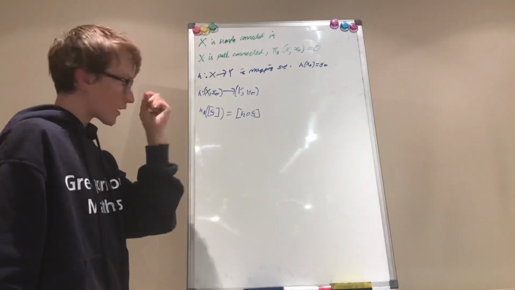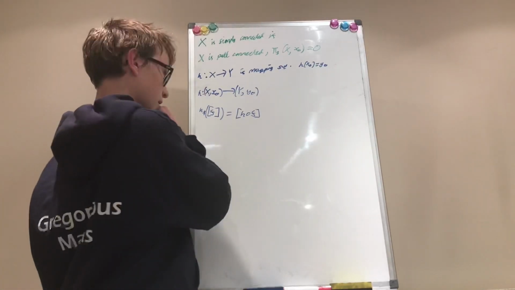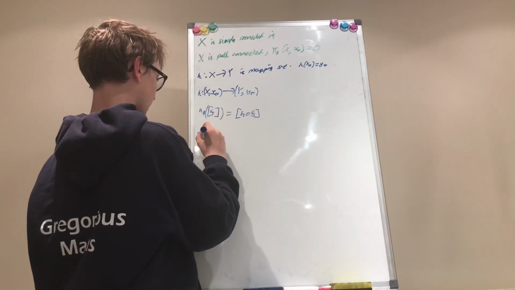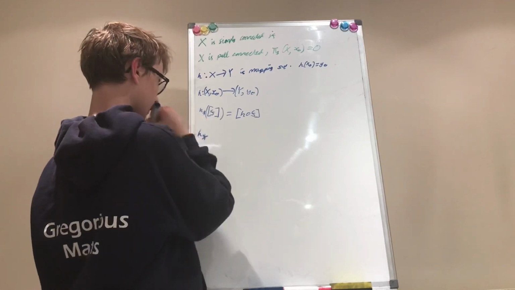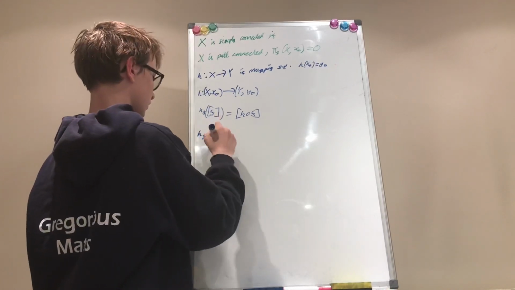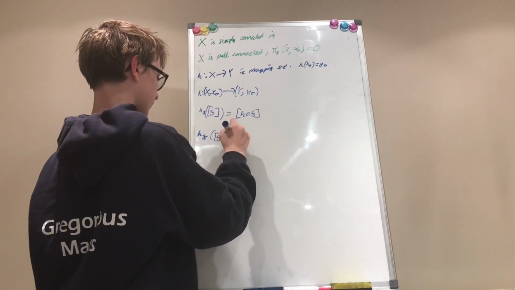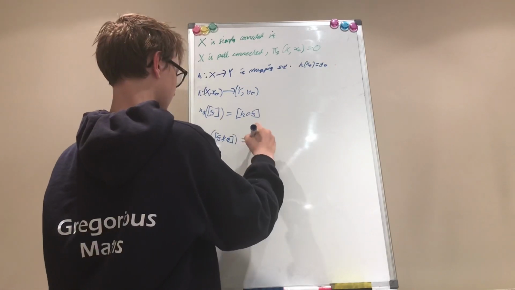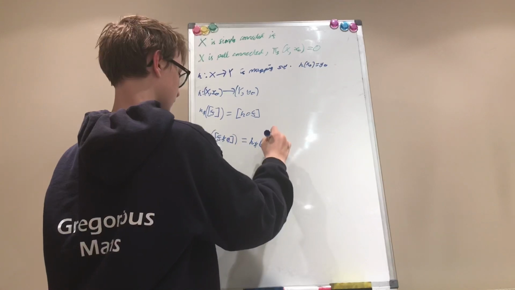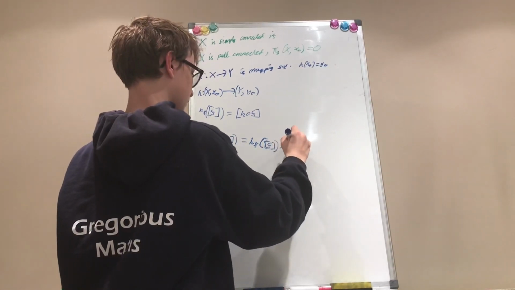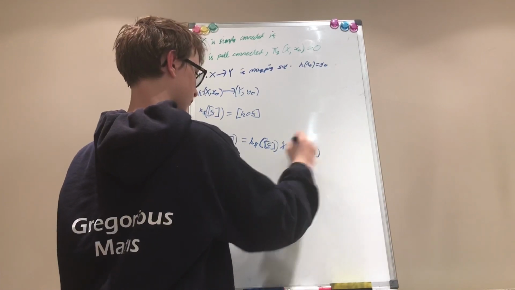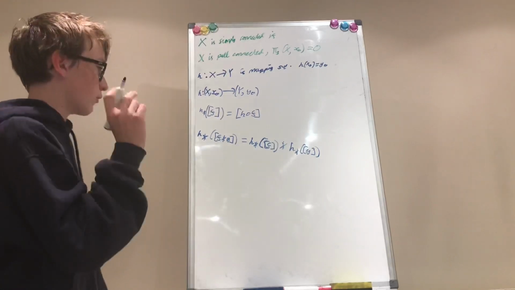Now, to check that this is a homomorphism, what we have to do is show that H star of f star g is equal to H star of f star H star of g. Okay? Now, how do we do this?